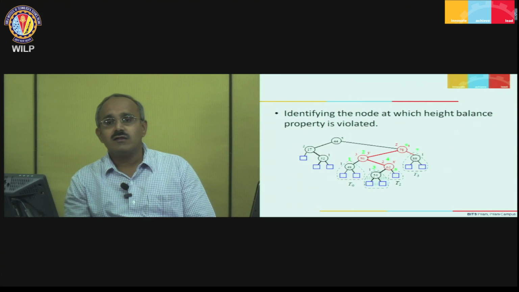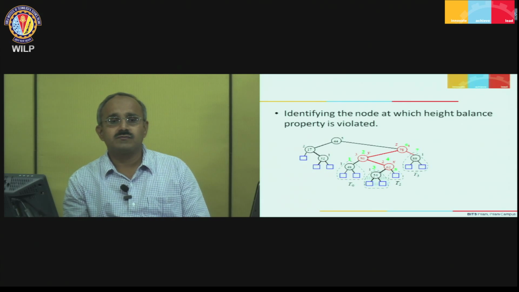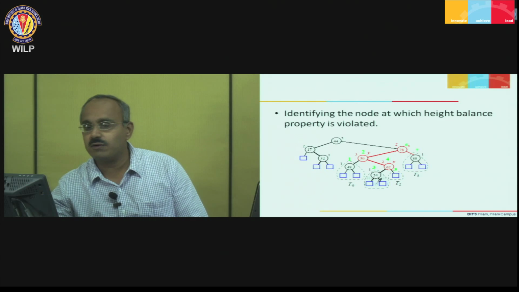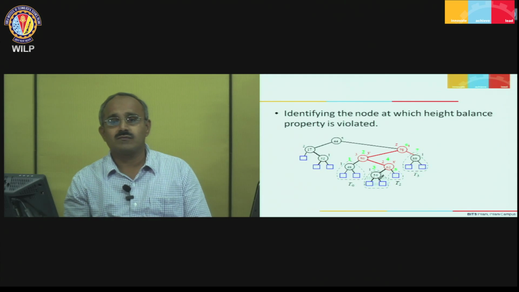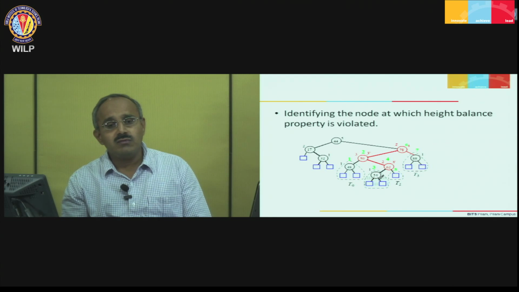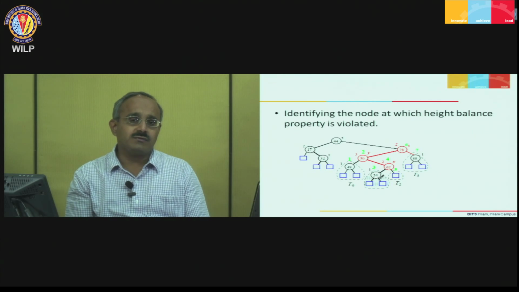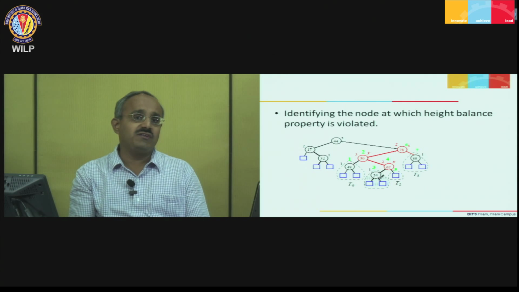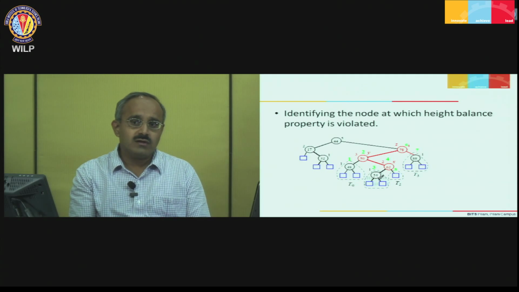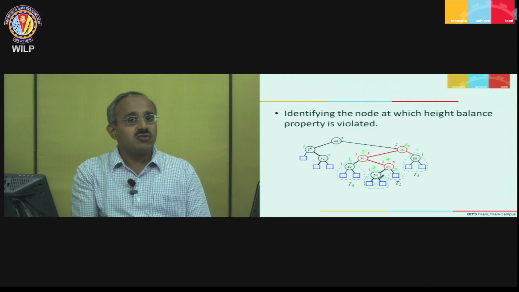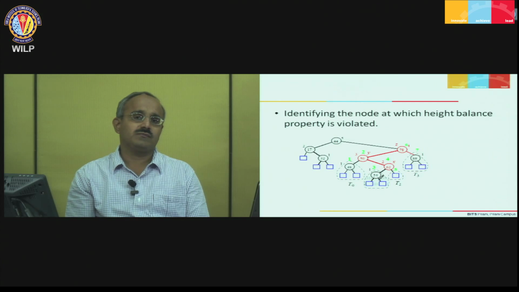Let us look at the tree with 54 inserted in it. We have inserted 54 at this particular point. Now, we will look at the path from the node which is inserted to the root and check the height properties at each of the nodes in this path.